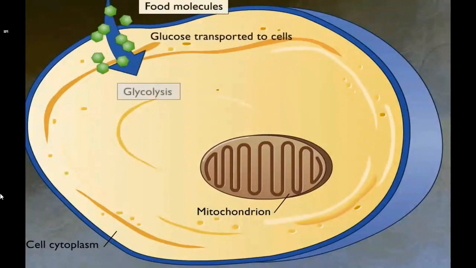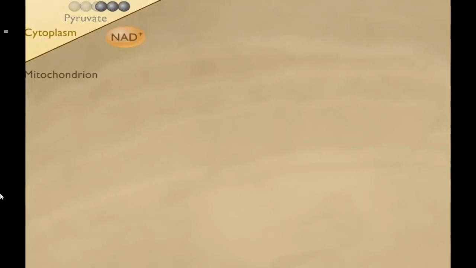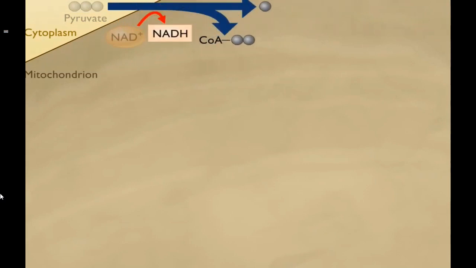During glycolysis, glucose is broken down to pyruvate. A 2-carbon fragment of pyruvate is used to form acetyl-CoA. The acetyl-CoA enters the Krebs cycle, which occurs in the mitochondria. During the conversion of pyruvate to acetyl-CoA, carbon dioxide, CO2, is produced and a molecule of NADH is formed.